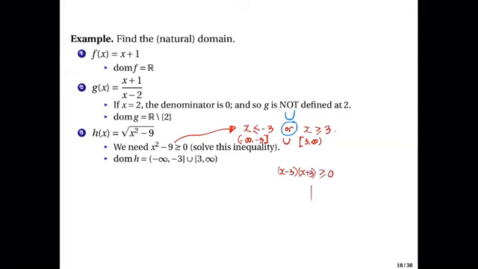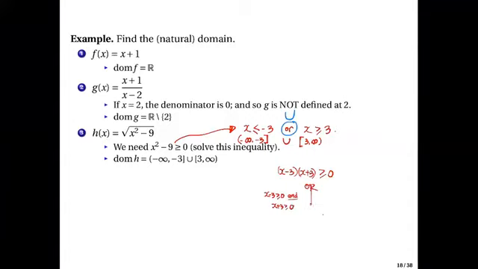Okay. So you divide this into two parts. Either you have x minus 3 greater than or equal to 0 and x plus 3 greater than or equal to 0.